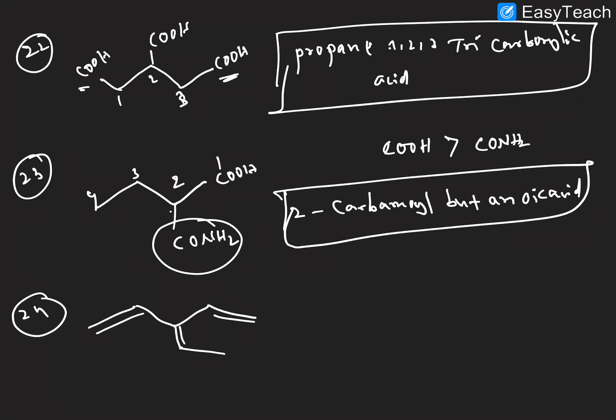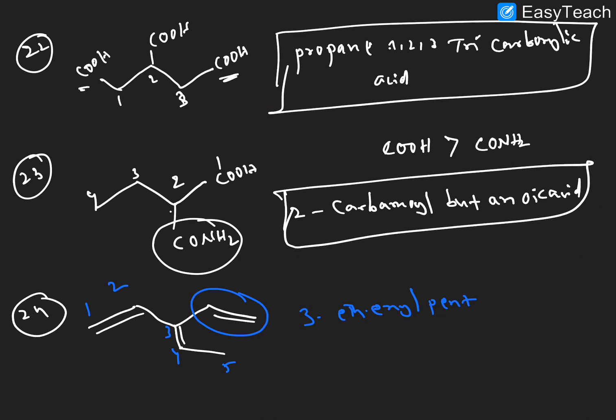Then next, example number 24. Here they are giving the numbering, and which place we have to give is important. Including the functional group and the carbon chain is important. So numbering 1, 2, 3, 4, 5 is correct. Then the name is 3-ethenyl.